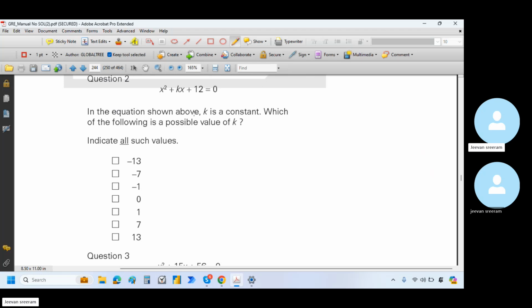In the equation shown above, k is a constant. Which of the following is a possible value for k? If you check the answer choices, definitely it is representing the real roots. Let's go: b square is greater than 4ac for real roots.